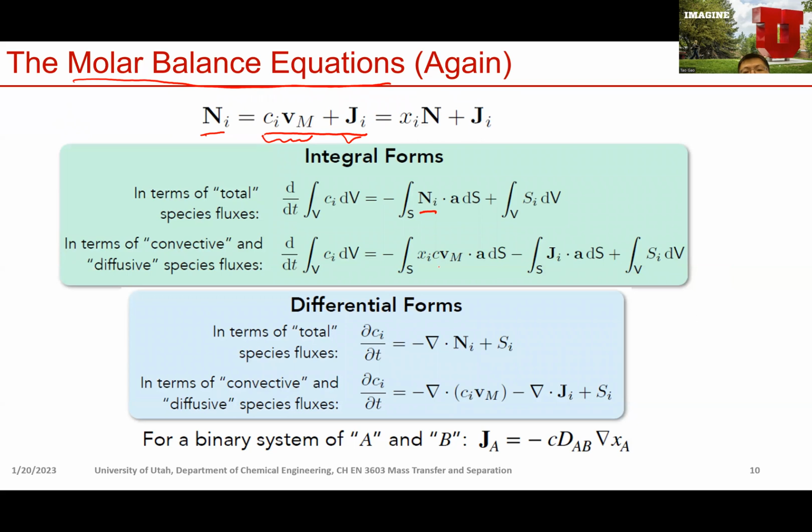In this way, we can modify the integral form and differential form of the mass balance. For example, here, if you replace Ni with that, you have a net flow term caused by convection. You have a net flow term caused by diffusion.